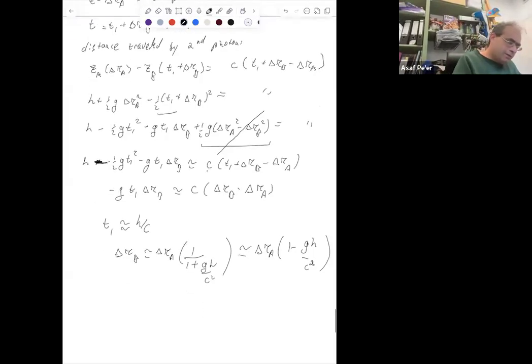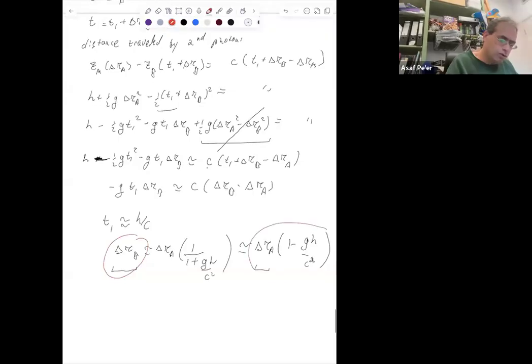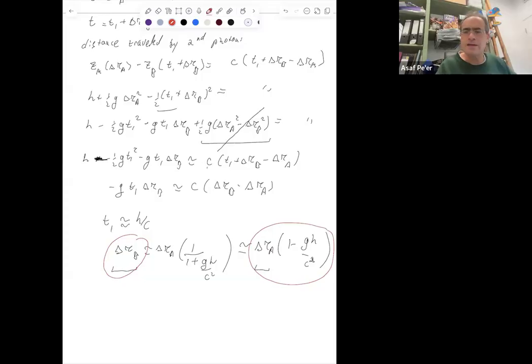Remember, delta tau Benny is the interval between the reception of the two photons by Benny. Delta tau Ayala is the interval between the emission of these two photons by Ayala. And as we see from here, this one is shorter. I have a question. Wait, the equivalence principle says that this is exactly what's going to happen in a gravitational field.